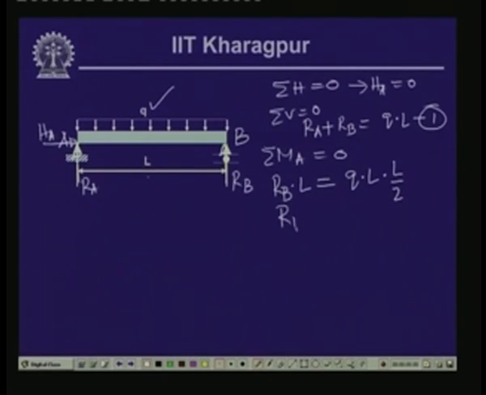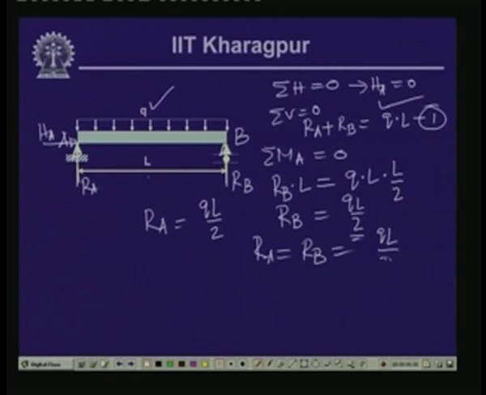This gives us RB equals qL/2, and from equation 1 we can write RA equals qL minus qL/2, which equals qL/2. From this diagram we can also visualize, this being symmetrical, that RA equals RB equals qL/2. The total load is qL, and half of the load is shared by RA and RB.